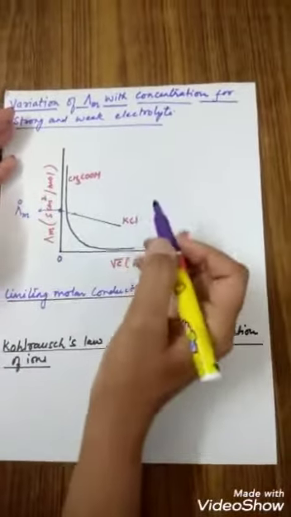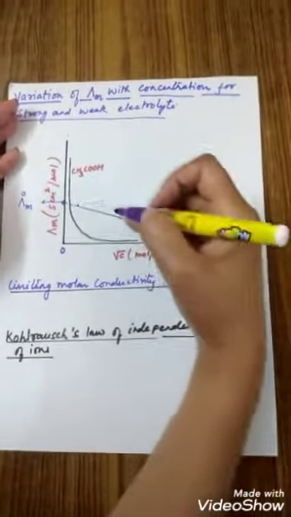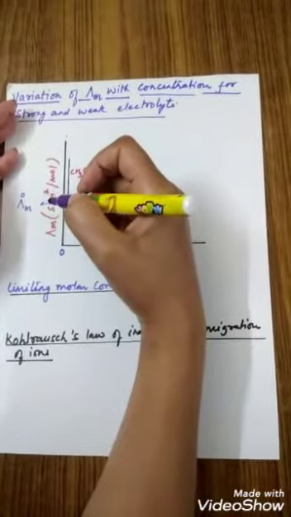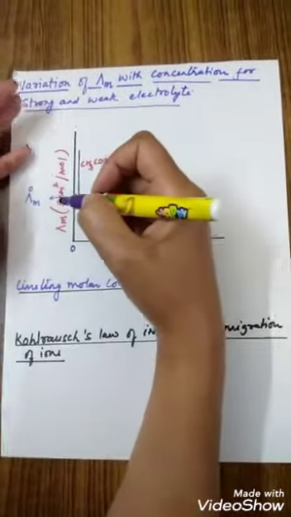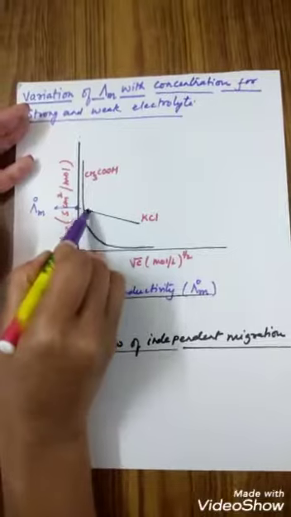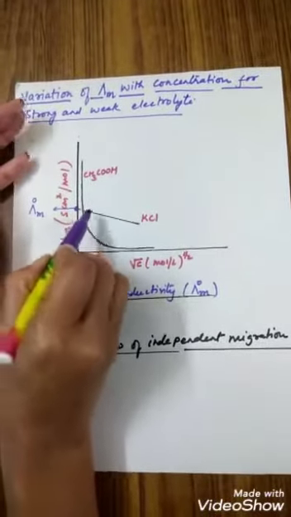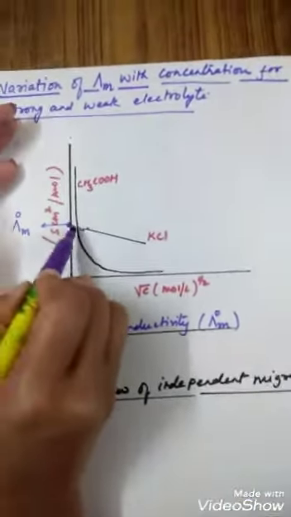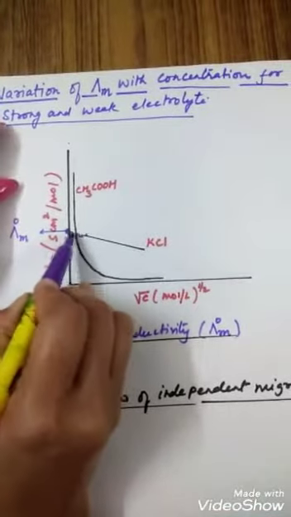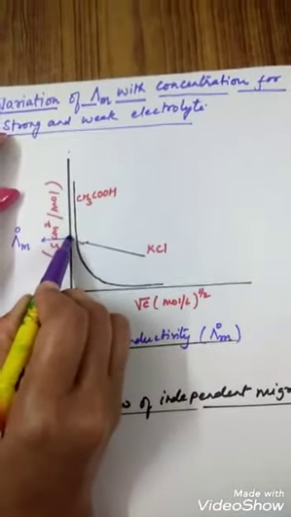So practically we work only up to a limited range of concentration, then we extrapolate the curve. In this red dotted line, I have extrapolated this curve and met it to this axis.